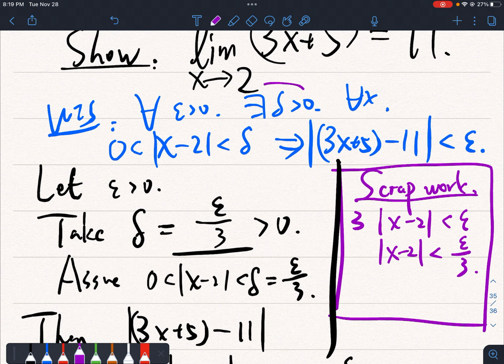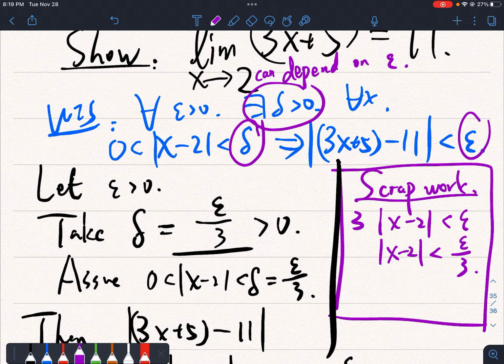And you can see that in this example, in almost every example, this delta will depend on epsilon, or you can say it can depend on epsilon, and usually it has to be dependent on epsilon. So we want to choose this delta very, very small, okay? So keep that in mind. We want delta to be small, not big, because it makes sense, right? Epsilon is arbitrarily small, but it's positive.